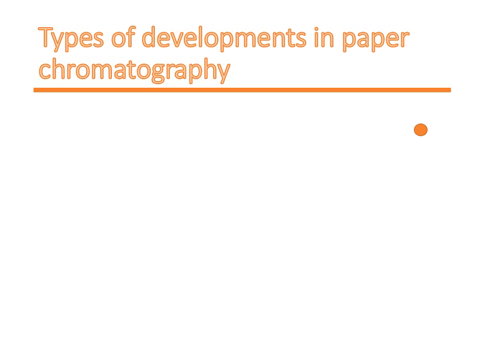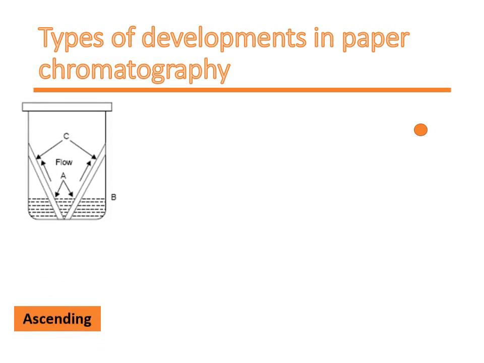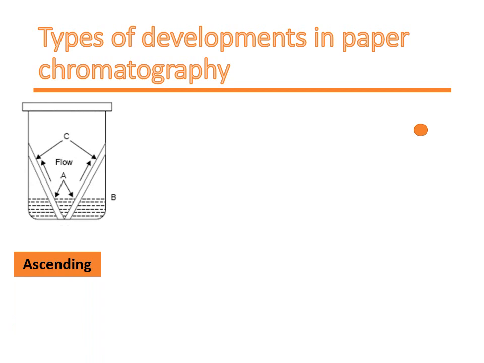Now let us see which are the different developmental techniques in paper chromatography. So paper chromatography can be performed by 4 basic techniques. The first and the simplest one is the ascending technique. As the name indicates, here the mobile phase travels in the upward direction, or in the ascending direction, as indicated with the arrow.